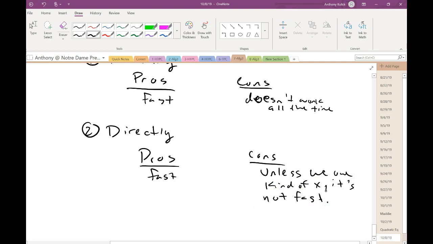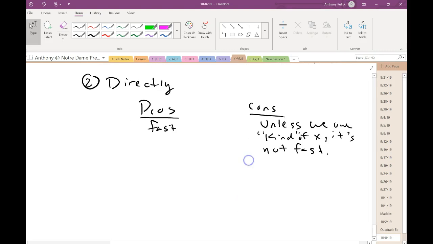Do you guys know what I mean by one kind of x? Either an x squared or just an x, you can't have an x and an x squared at the same time, right? Okay. The last one we've talked about is the quadratic formula.